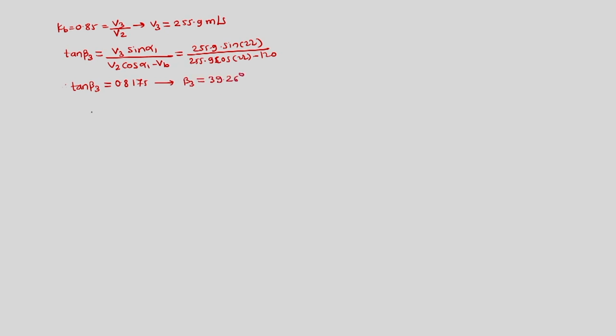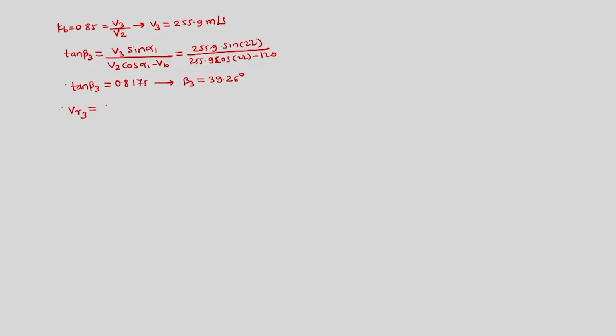and gives us beta 3 equal to 39.26 degrees. This is useful to find VR3, the relative velocity at the inlet for the second stage. We have VA3 equal to V3 sin alpha 1 equal to VR3 sin beta 3, so we can use this.